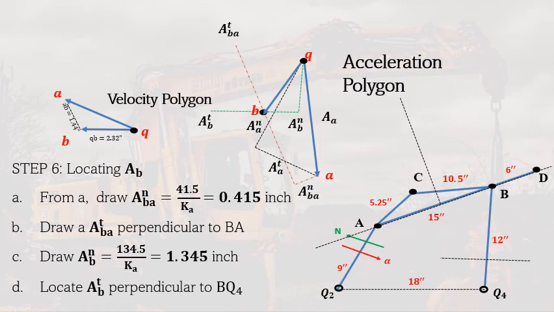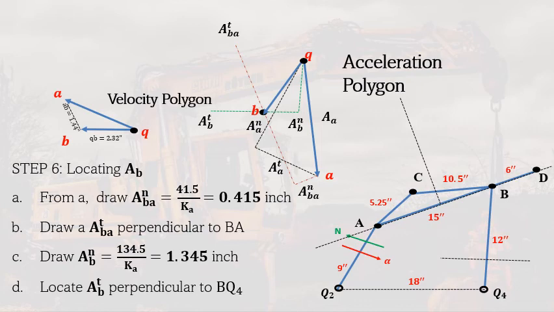Using the other points, we can see that the acceleration of B is the acceleration of B normal plus the acceleration of B tangential. So this line here is the acceleration of B normal, and this line here is the acceleration of B tangential. So that's how you would check. For the absolute acceleration, when you plot it, the origin is from the Q, but for the relative, it is from the head of the other points.